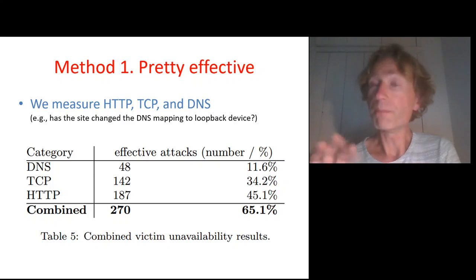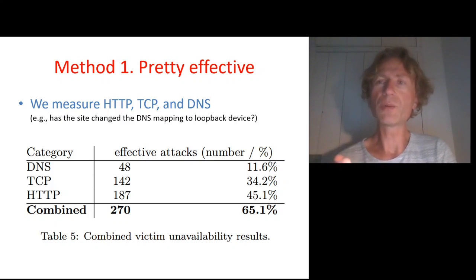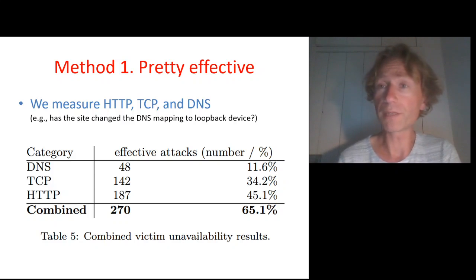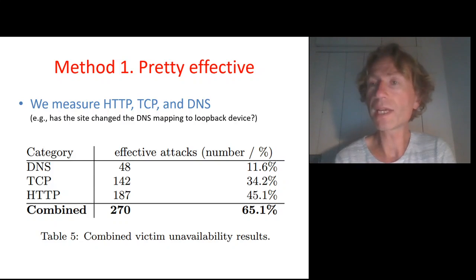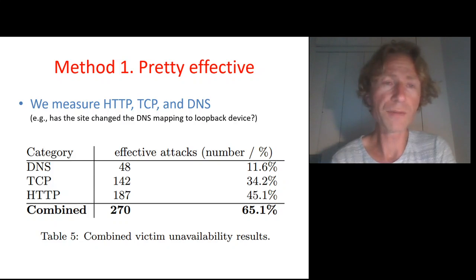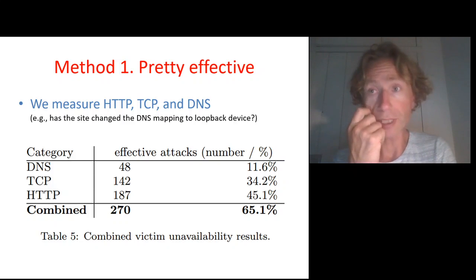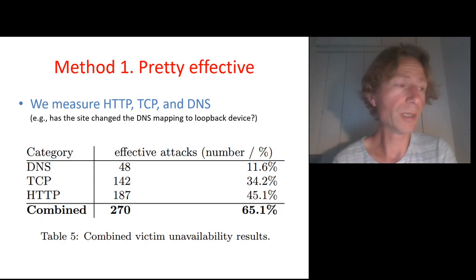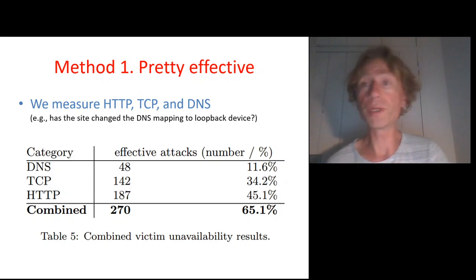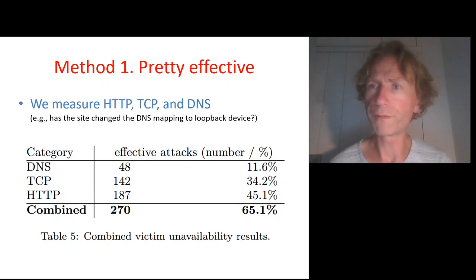Now, by the way, measuring this is tricky, right? Because you want to do this ethically. You don't want to constantly start probing the victim of an attack, because then you might essentially be participating in the denial of service attack. So you don't want to send too much extra data to avoid bombarding the poor victim even more.